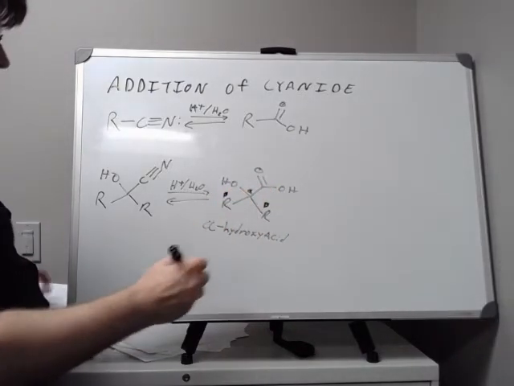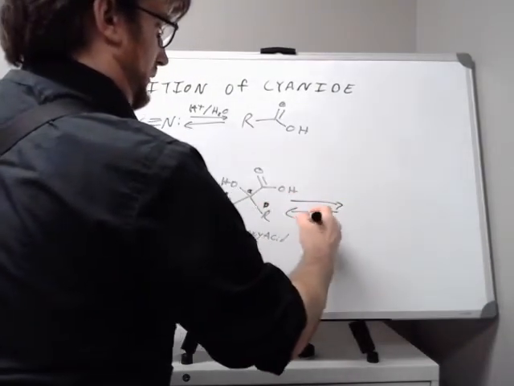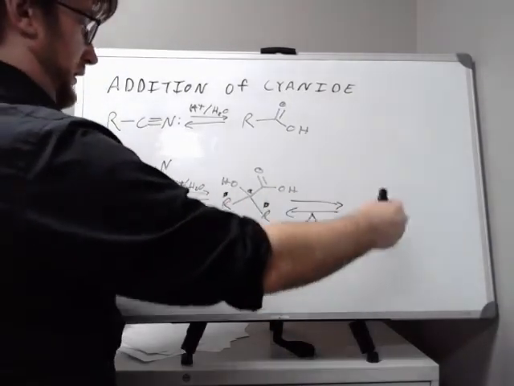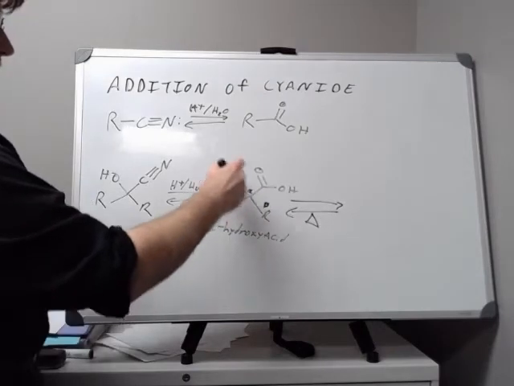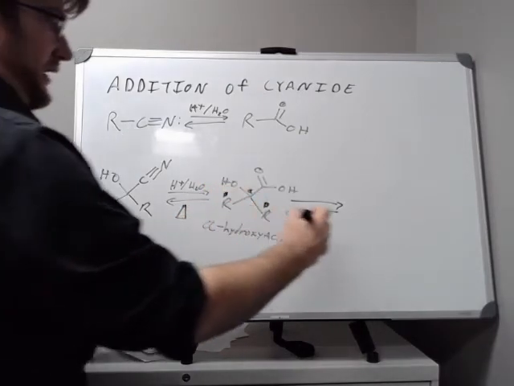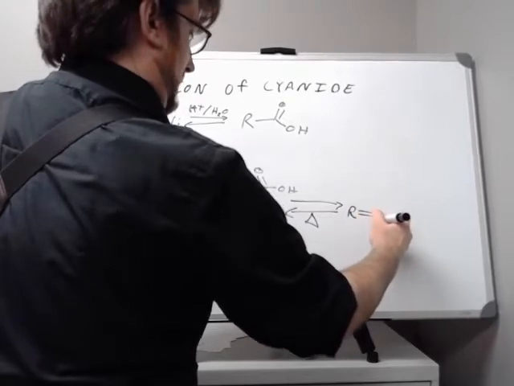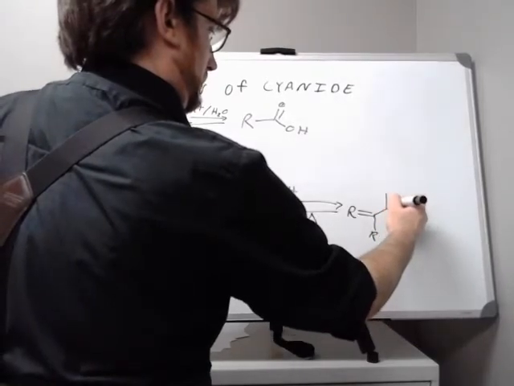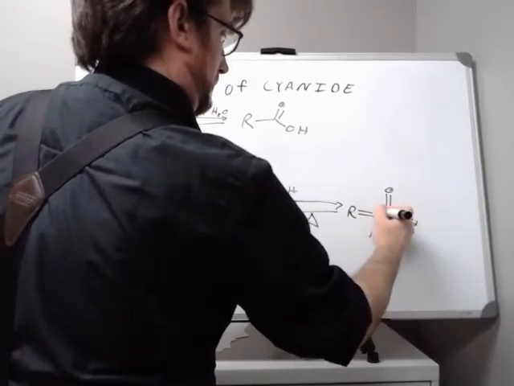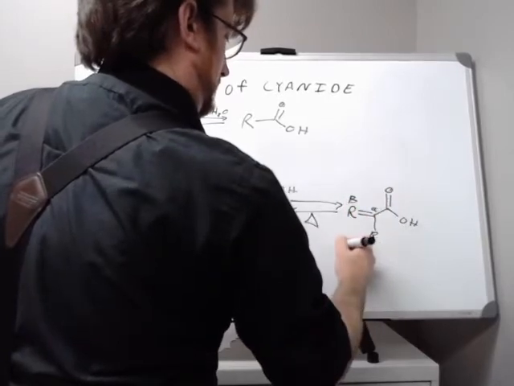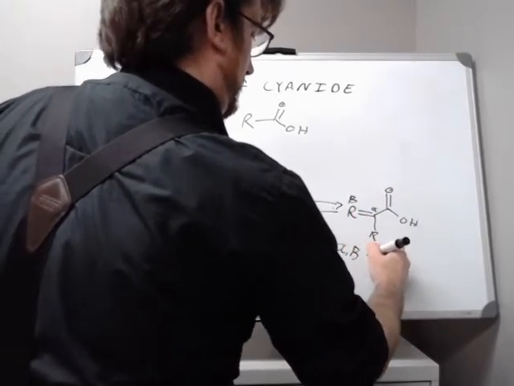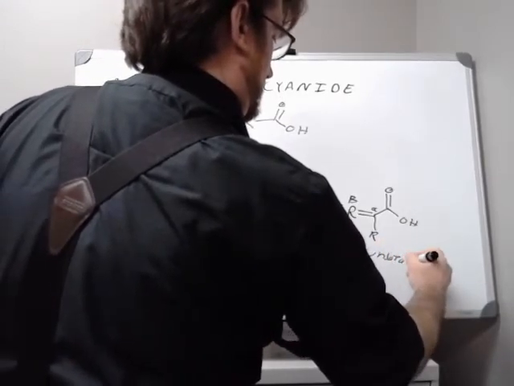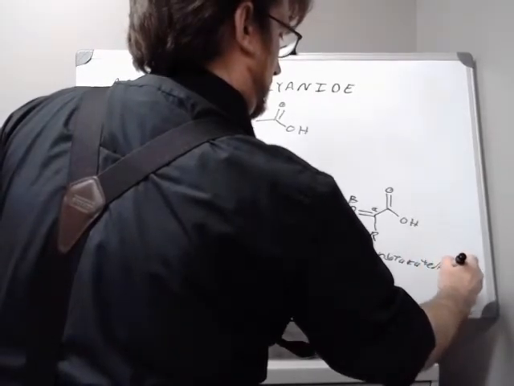But anyway, another reaction, if we take this a step further, both of these steps require heat, but if we have more heat, stronger acid, then we can dehydrate this hydroxy acid, wind up with a double bond, and form the alpha, beta, unsaturated acid.